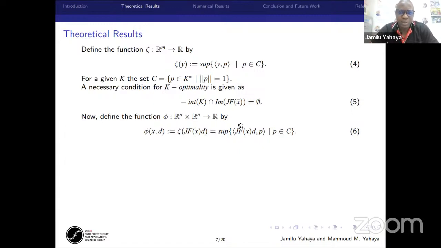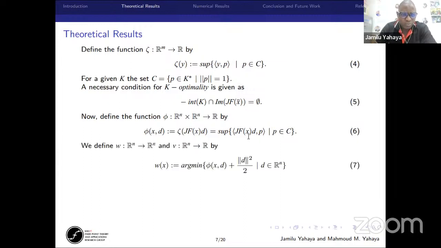But if it turns out that equation 5 is not satisfied, then we have to apply what we call a K-descent direction in order to obtain the solution. Now, this particular definition 6, as you can see, is derived from equation 4 and plays an important role in defining the concept of the conjugate gradient method in vector settings.